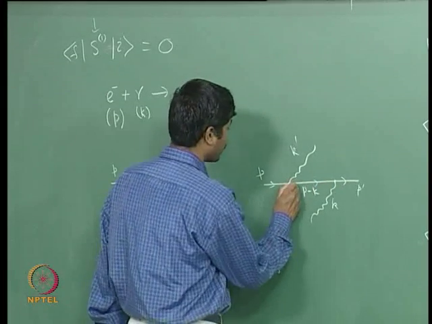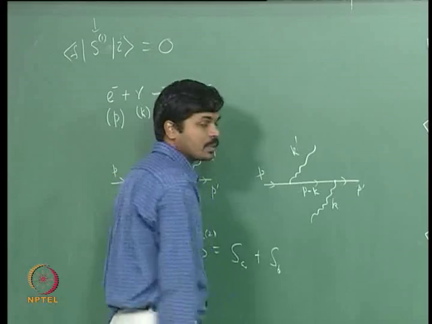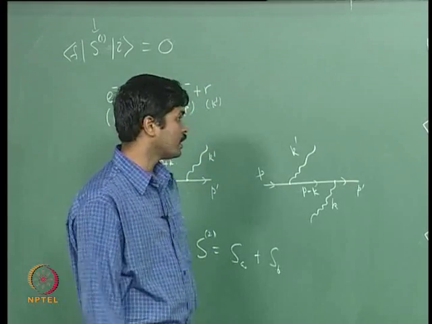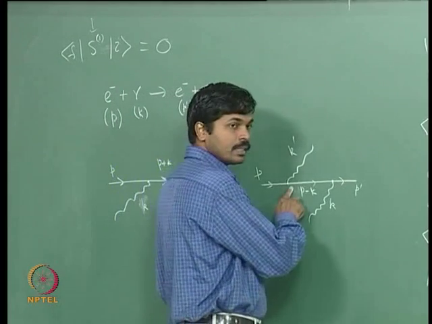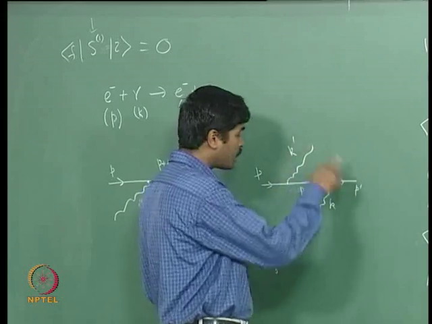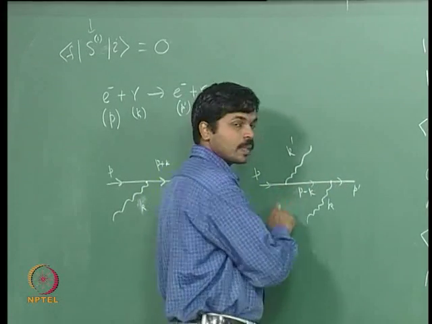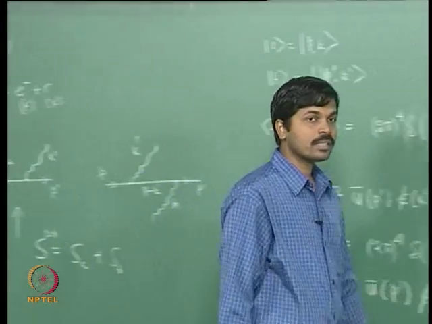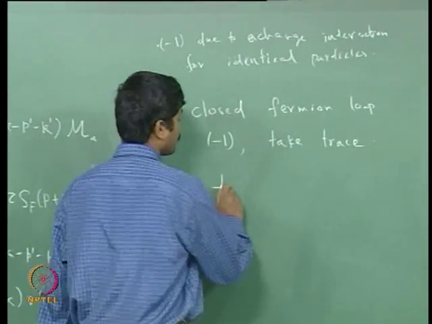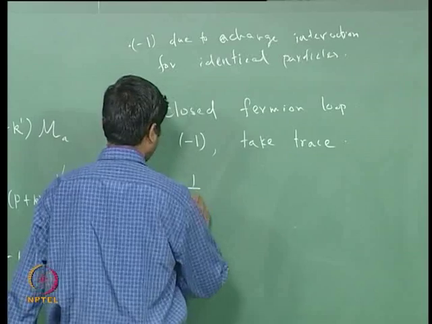That is because at every interaction vertex the energy momentum is conserved. In case the energy momentum conservation does not fix the momentum for any internal line, then you need to integrate over that particular momentum.